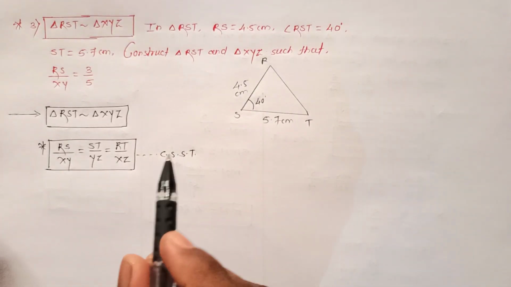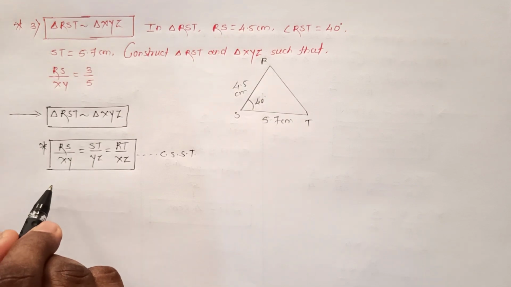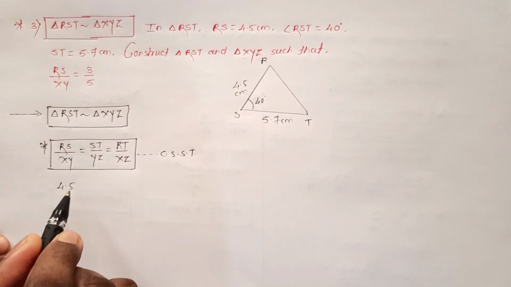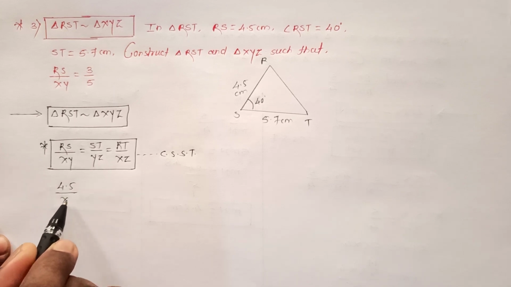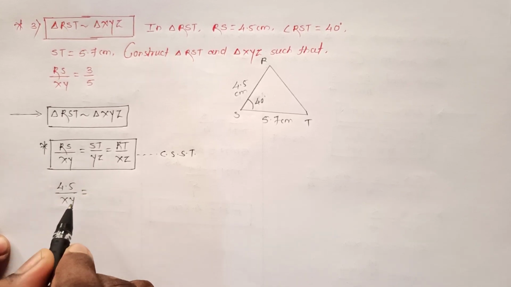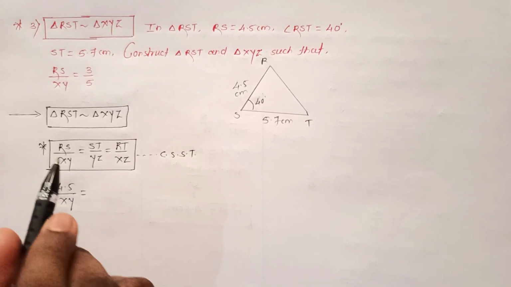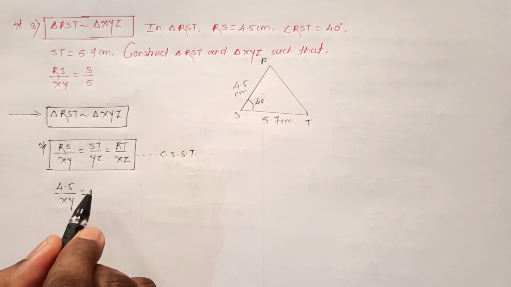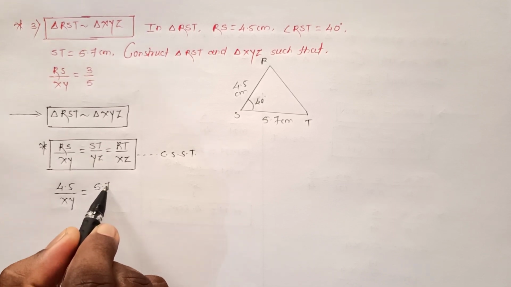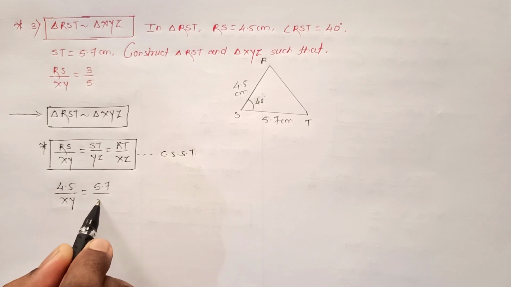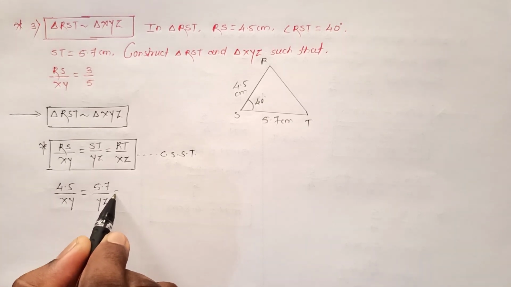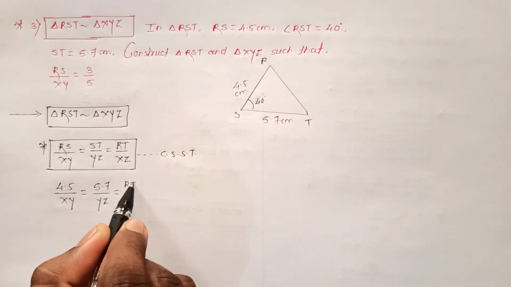So let's put down the values. RS is equal to 4.5 centimeter upon XY, we have to find the corresponding side. Then ST is equal to 5.7 centimeter, therefore we have to find this YZ, and this RT is not given, so keep as it is.